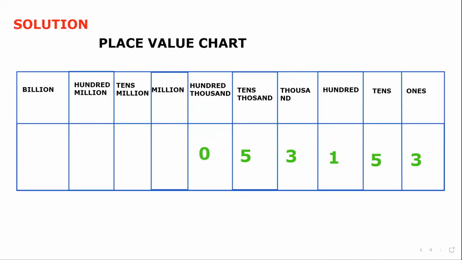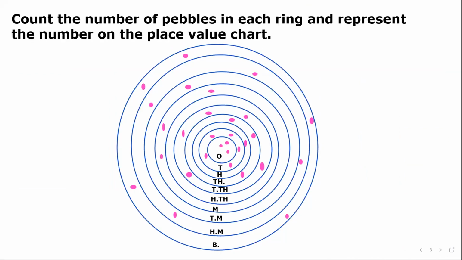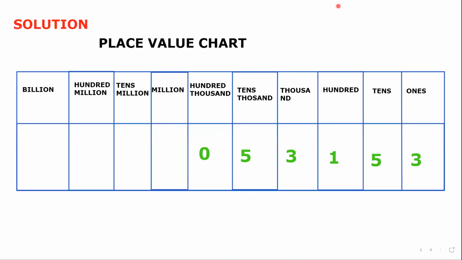Good. Then you move back to the next rank, which is million here, to check all the millions. We have 1, 2, 3. The millions are 3 million. Then you write 3 here. That is 3 million here.